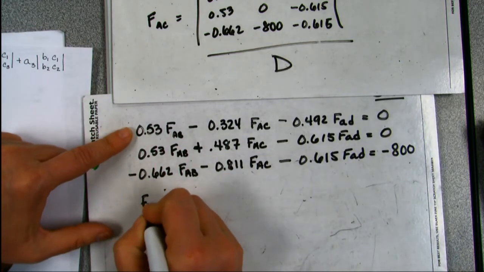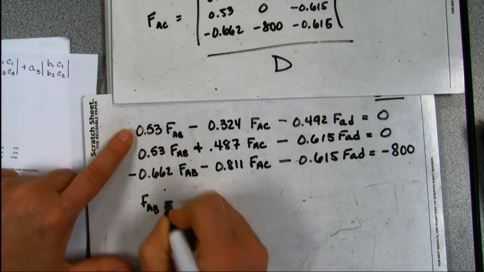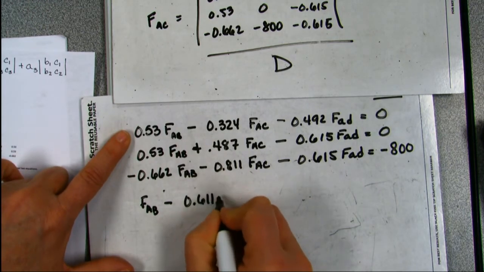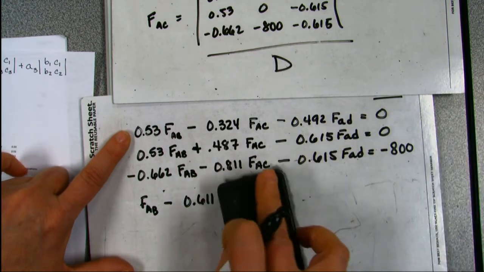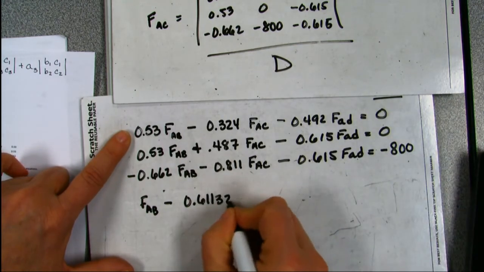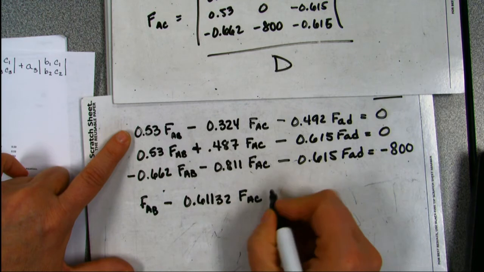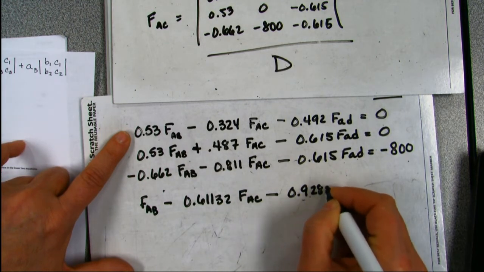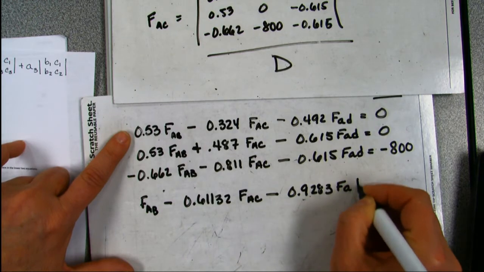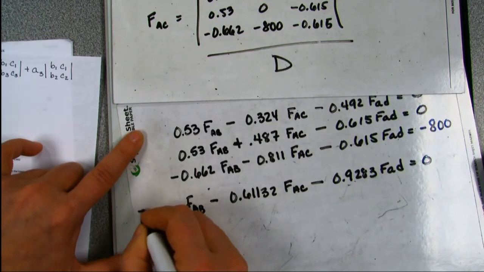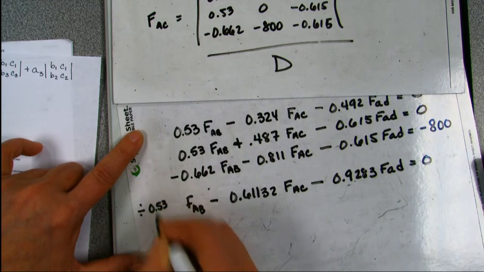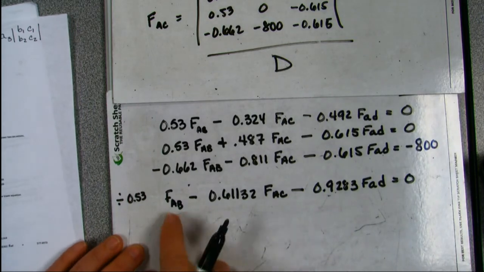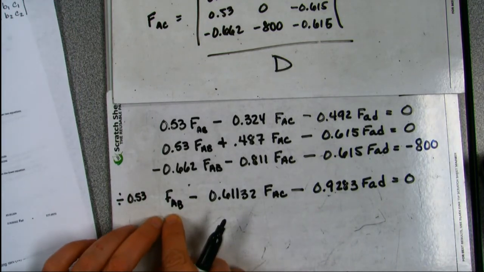This gives me FAB minus, and if I do that, this gives me 0.61132 FAC minus 0.9283 FAD is equal to 0. So this is a divide by 0.53. Solve for FAB.